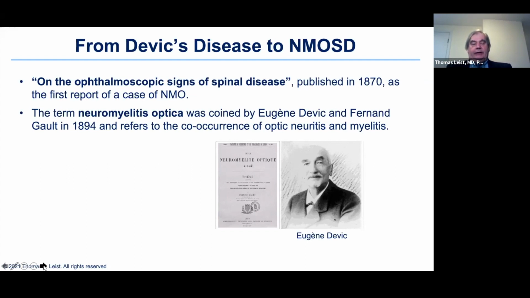And in 1894, it was Devic, through graduate students of his, that for the first time used the term neuromyelitis optica, because he described a patient that had inflammation in the spinal cord and had optic neuritis, inflammation affecting the optic nerve, the part of the brain that serves vision, serves the eye, that had both of these conditions. And so the term neuromyelitis optica was coined at that point in time.